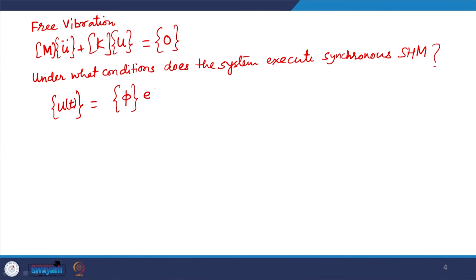Different nodes in the structure may execute simple harmonic motion with different amplitudes, but their time variation would be of the same frequency omega, so e to the power i omega t. That is a harmonic motion, a harmonic of omega. Under what condition will this be admitted? It can be either sin omega t or cos omega t, whatever.